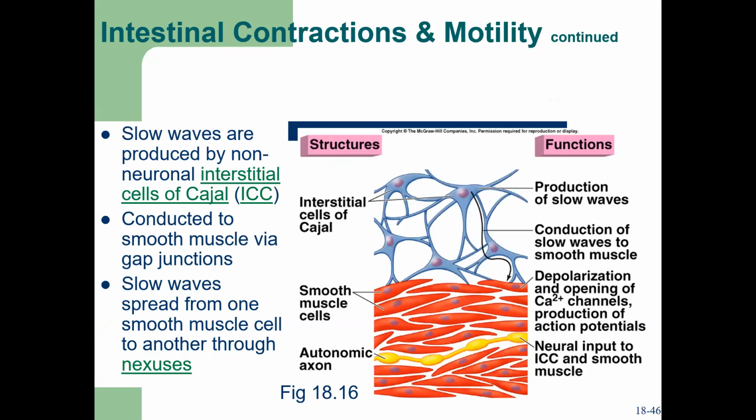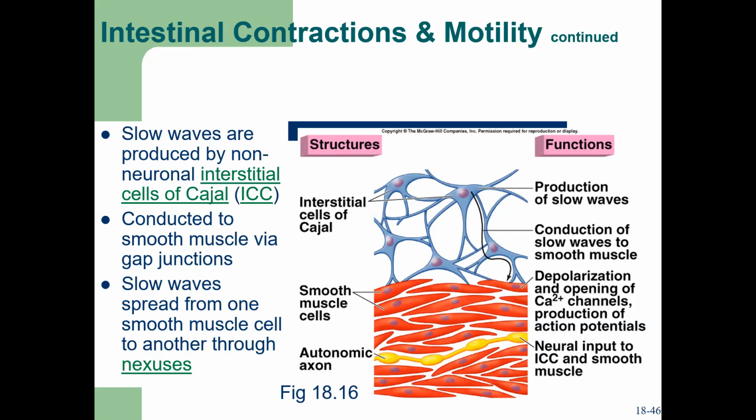They do this by means of a slow sodium channel in the cell membrane of the interstitial cells of Cajal. These will cause an influx of sodium, and then repolarization is caused by the opening of potassium channels, and that causes an efflux of potassium.